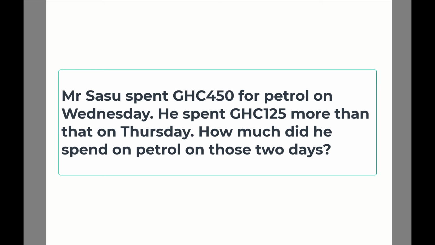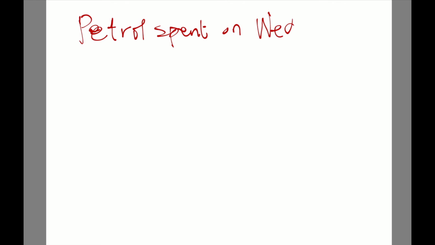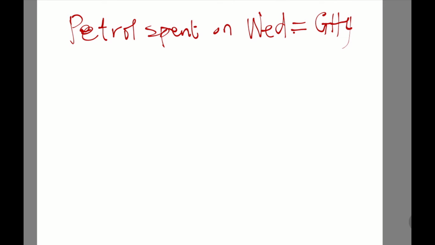So petrol spent on Wednesday equals Ghana cedis 450.